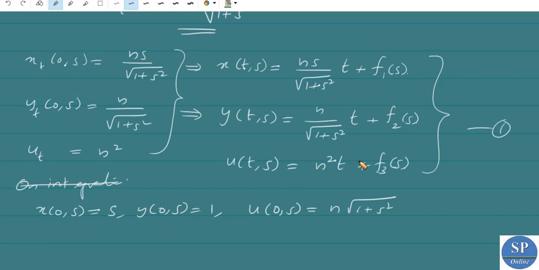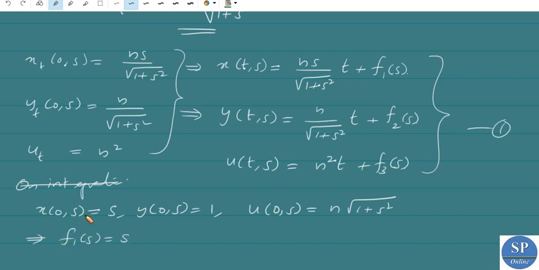So applying this condition in equation number 1, when t equals 0 we have x equal to s, which means f1 of s is equal to s itself. So from equation number 1 we have f1 of s is equal to s.